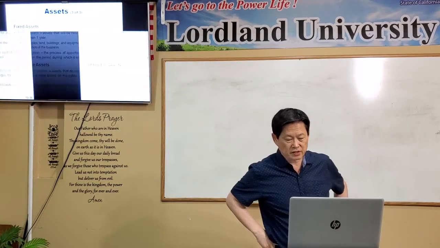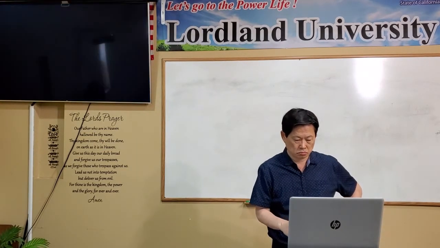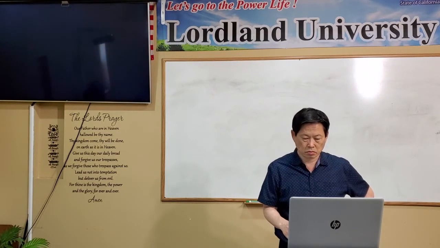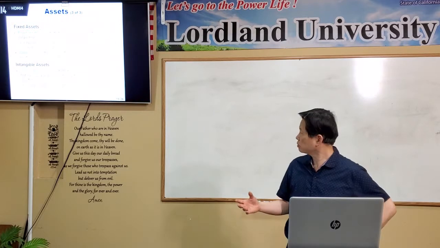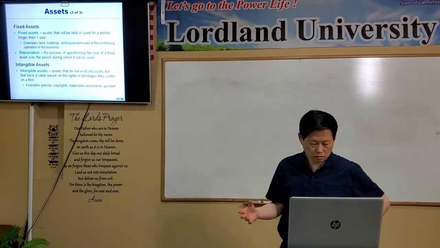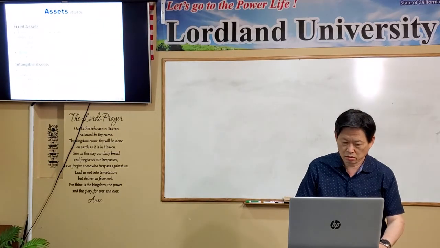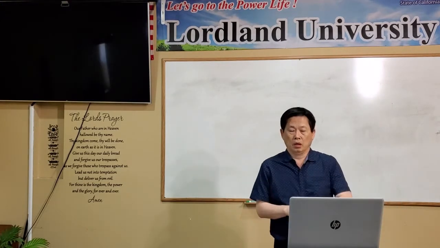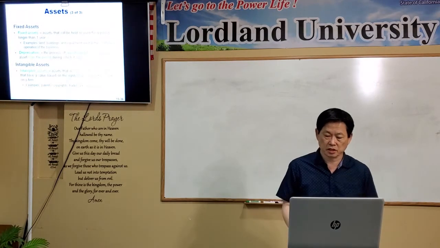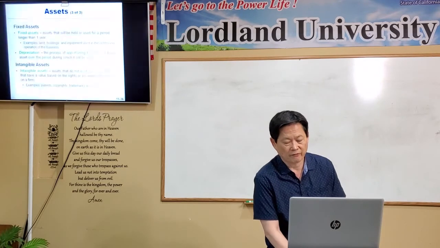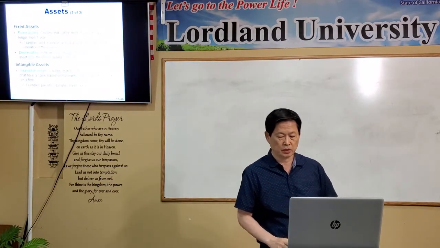Examples of fixed assets are land, building, and equipment used in the continuing operation of a business. Depreciation. Depreciation is a process of apportioning the cost of a fixed asset over the period during which it will be used.